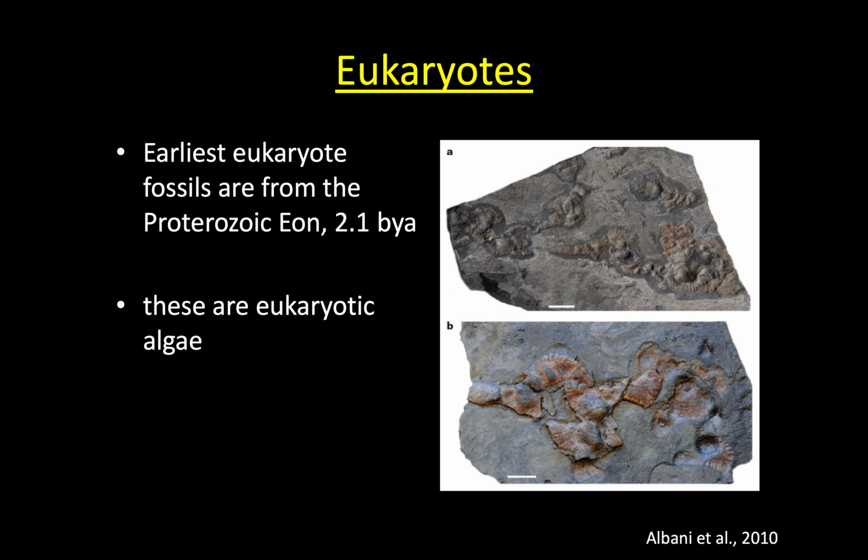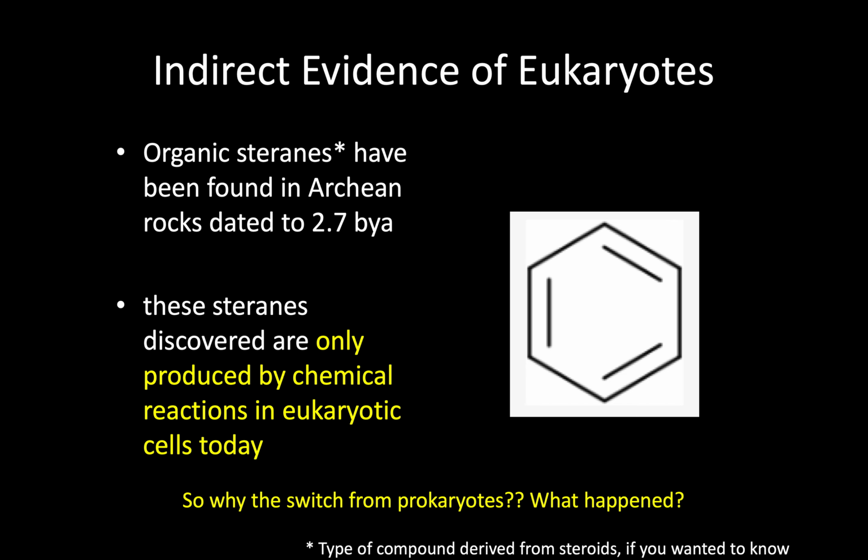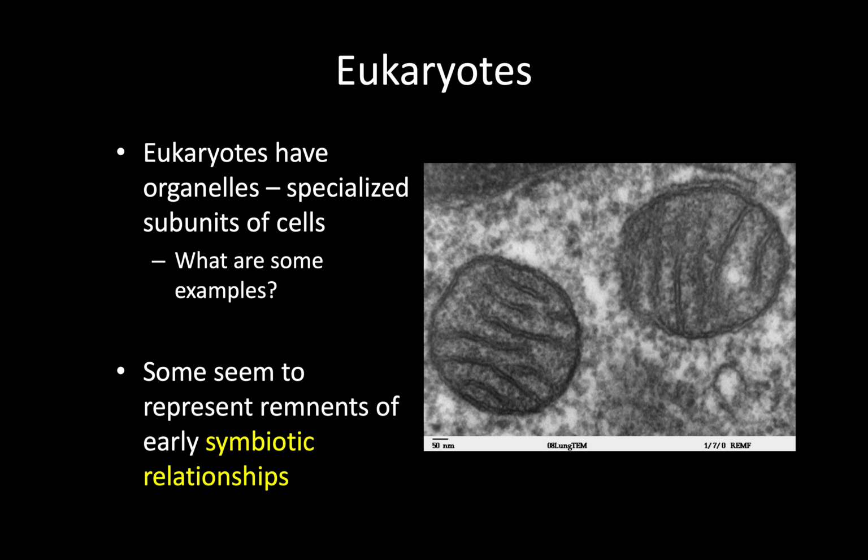So now this begs the question, why would we have two different types of cells? Why would we have prokaryotic and eukaryotic cells? Why would we switch when most of the organisms alive today are prokaryotic, right? There's way more bacteria than there are humans, to be clear. So that's a really good question. Eukaryotes have specialized cells, organelles.